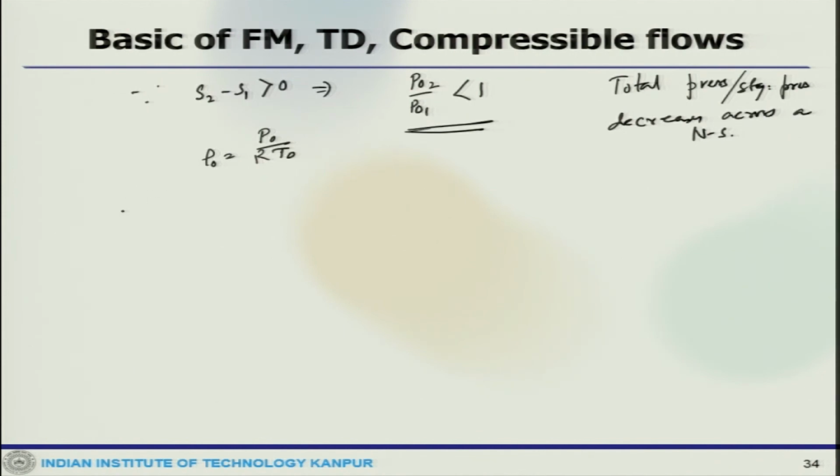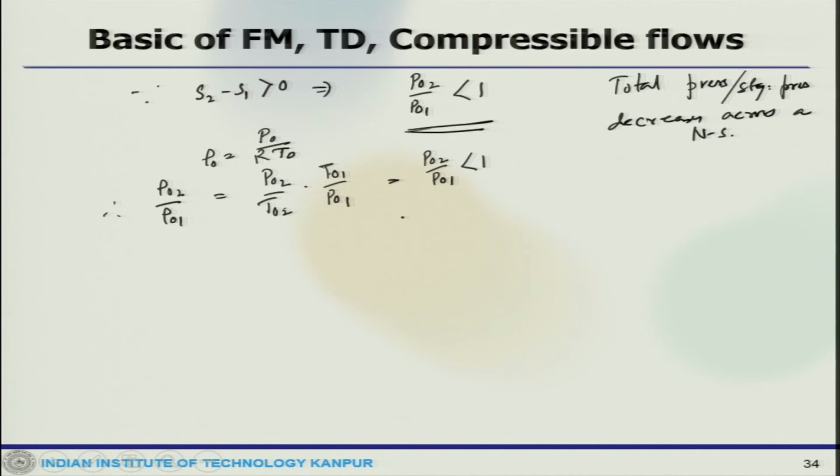So, what we can write, rho naught 2 by rho naught 1 is P naught 2 by R T naught 2 into R T naught 1 by P naught 1, which, since the stagnation temperature is the same, will become P naught 2 by P naught 1, which is also less than 1.